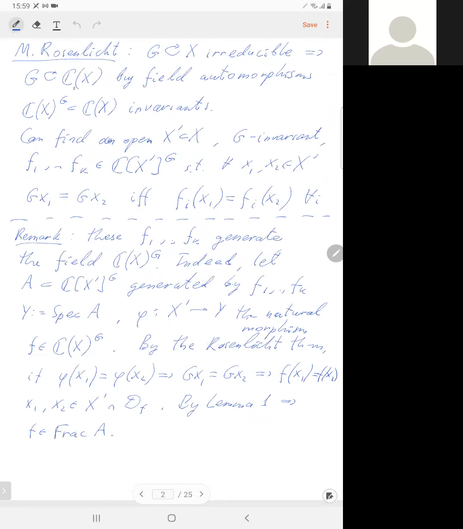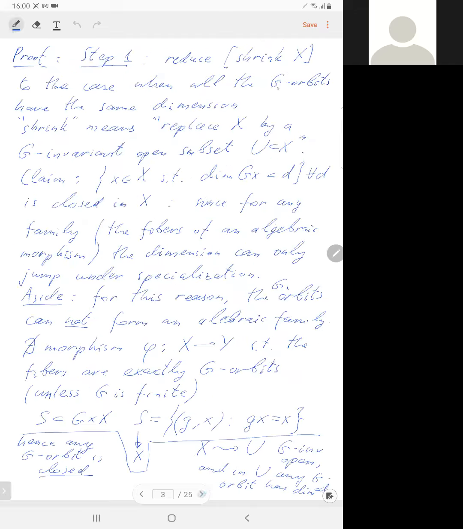Yeah, here. You see that there was this remark about these Rosenlicht functions generating the field. So from this we immediately see the corollary.